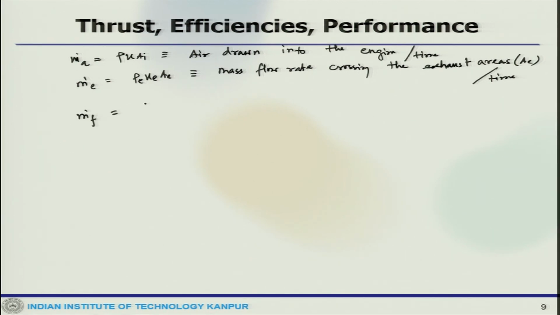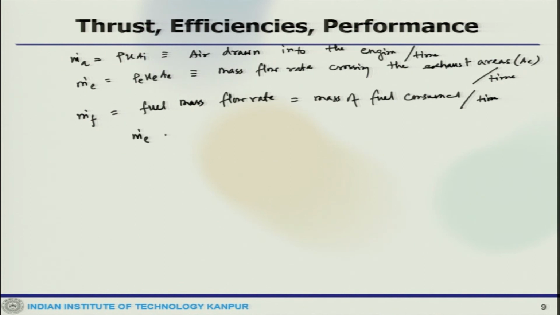m dot F is the fuel mass flow rate, which is the mass of fuel consumed per unit time, and what we can write is that, now we can write the continuity equation, or rather the total mass conservation.